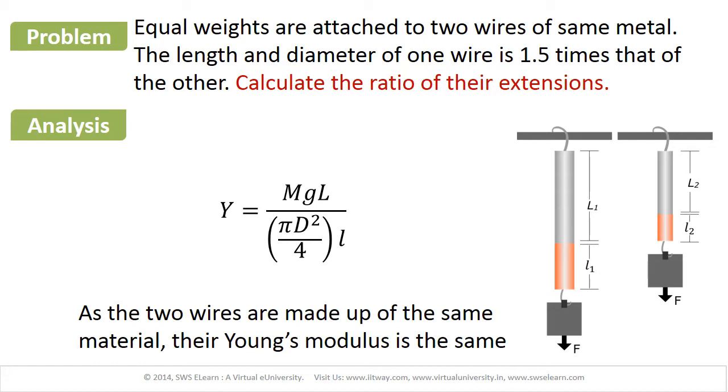As the two wires are made up of the same material, their Young's modulus is the same. Hence, writing two equations of Young's modulus for two different wires and equating them, we can find the ratio of extensions of the wires.